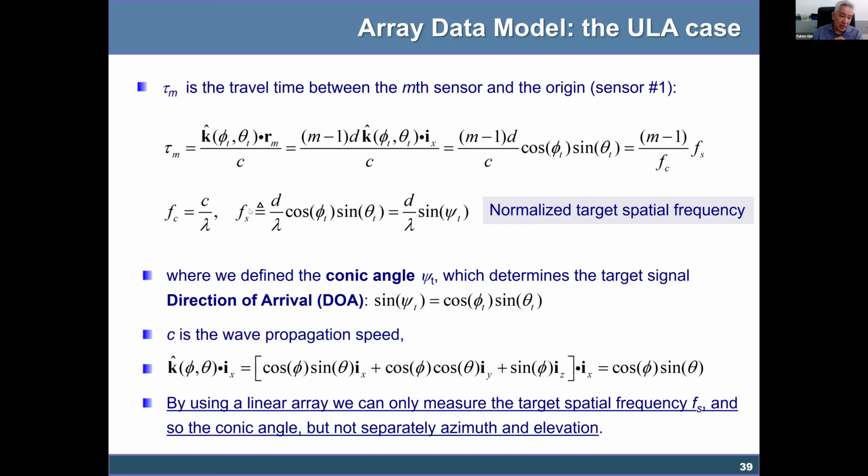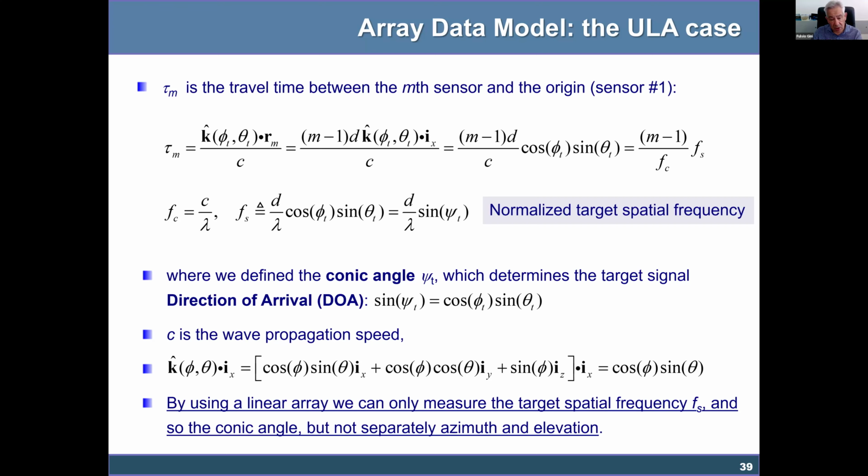So you can understand that from an estimate of the delays, we can estimate Fs, because there is a relationship. But once you have estimated Fs, you cannot retrieve separately the azimuth and the elevation, but what you can get from Fs is only the so-called conic angle.